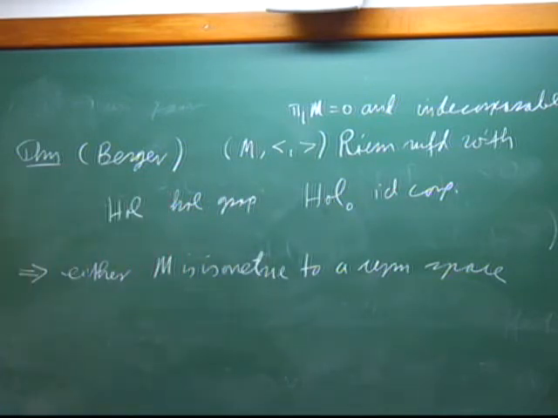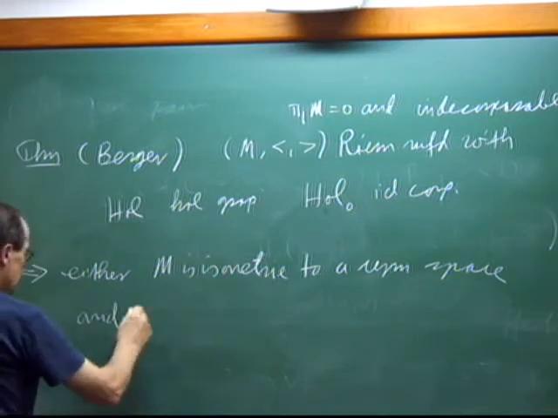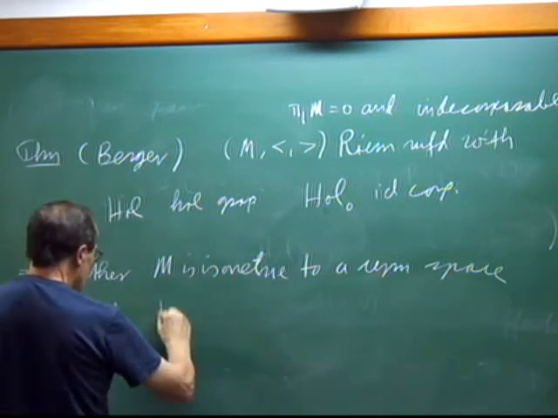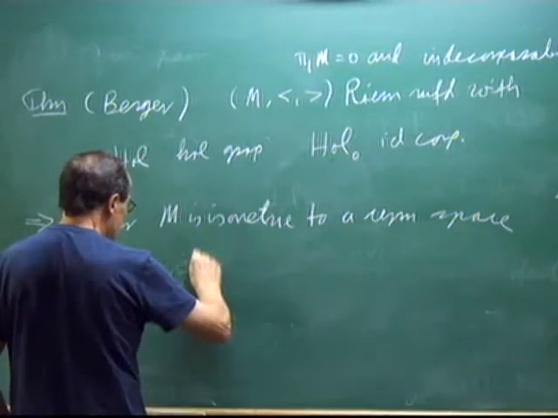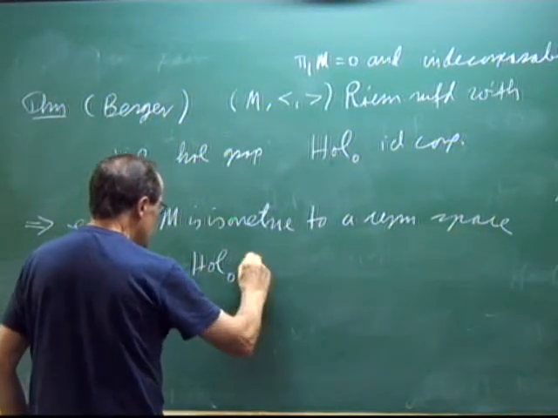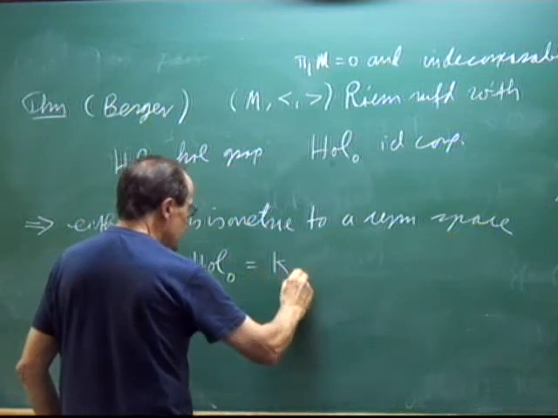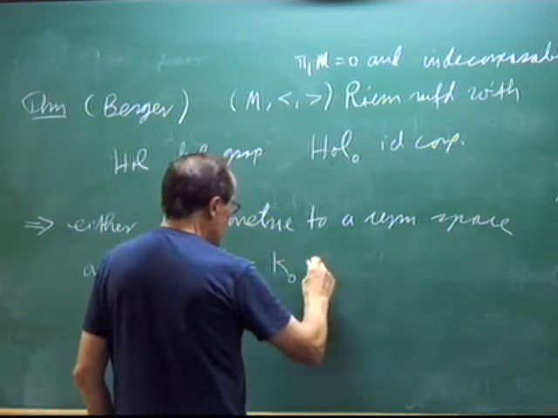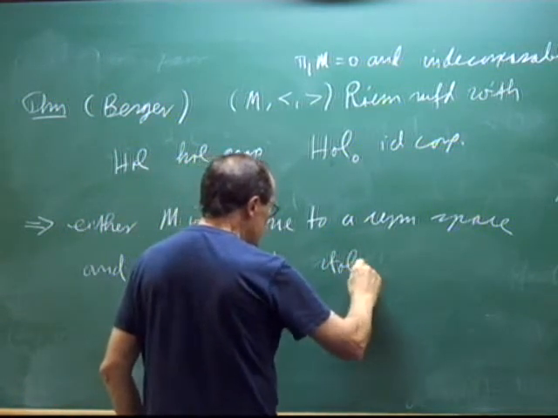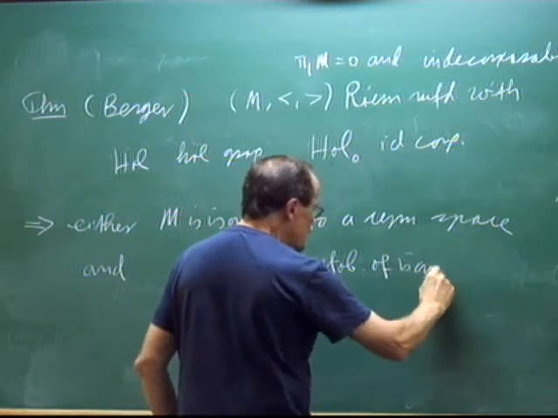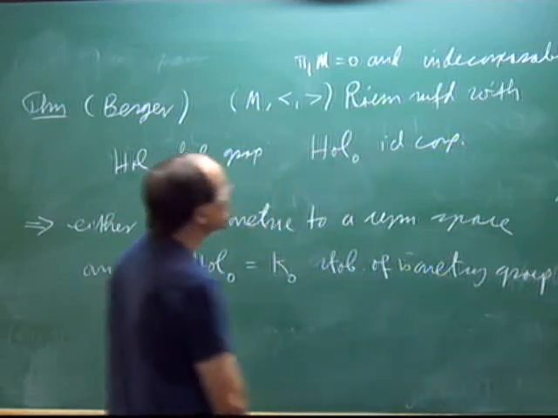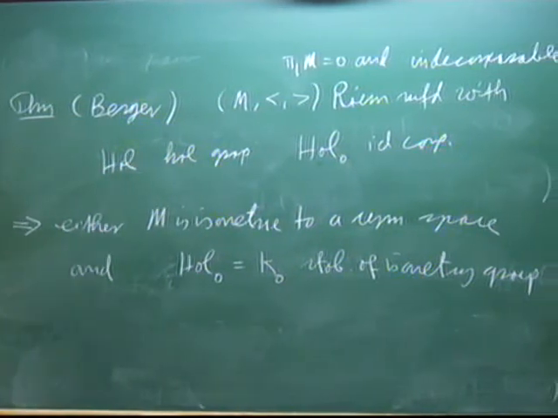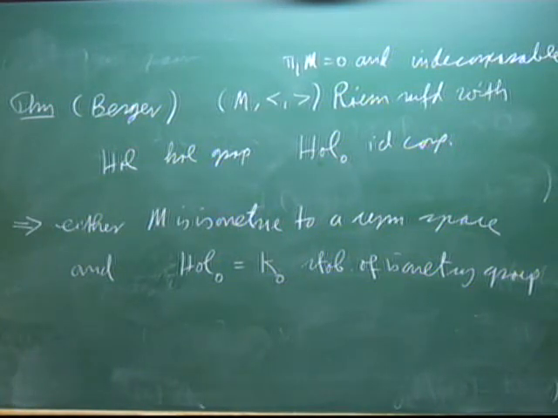Either M is isometric to a symmetric space, and in that case, Hol 0 is equal to K0, which was a stabilizer of the isometry group.